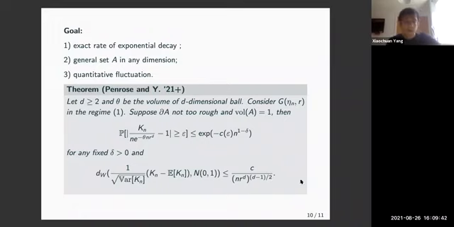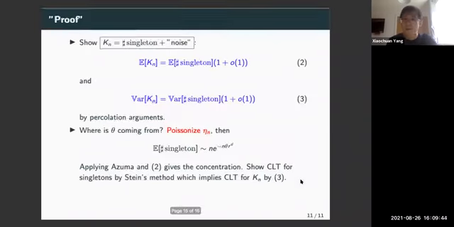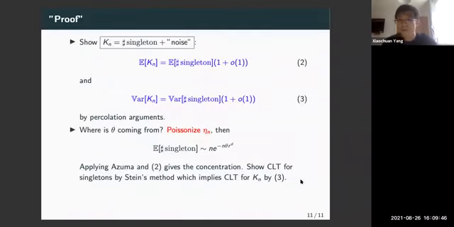Okay, so the rest of the talk, the last slides actually, will be devoted to the high-level ideas in the proof. So the key equation is this boxed equation. It says that Kn is equal to the number of singletons plus noise. So what is this noise?